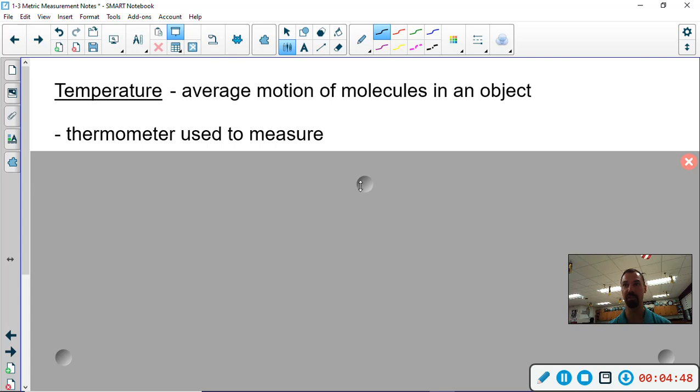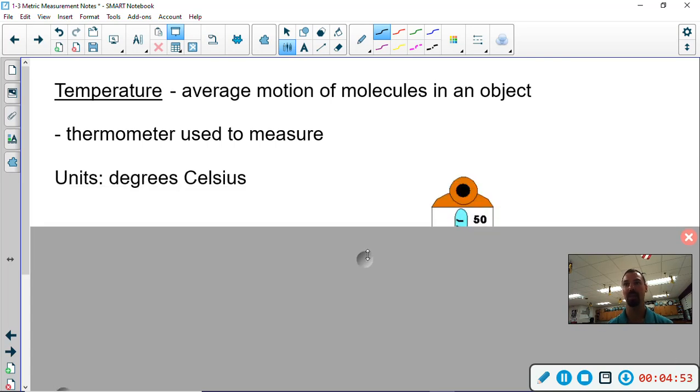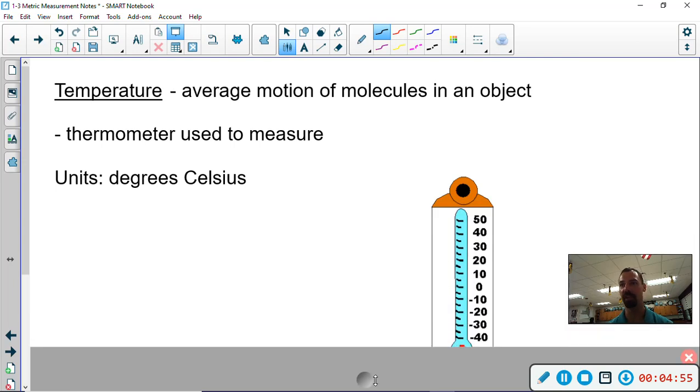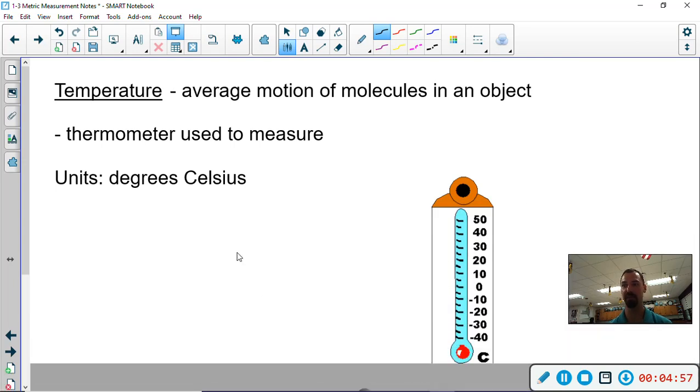You use a thermometer to measure it. And we're going to be using Celsius in the metric system, but also in this country we use Fahrenheit. We still use it in weather forecasting, so we will still look at Fahrenheit, even though it is an English unit.